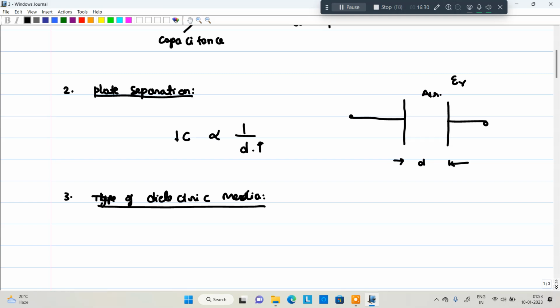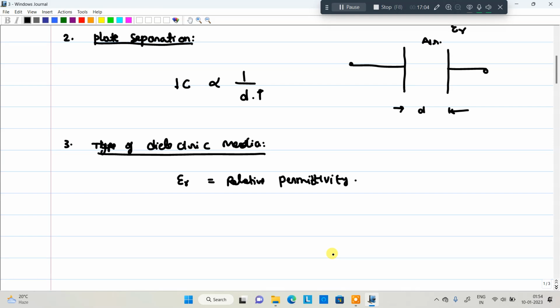Coming to the type of dielectric media, it depends upon the relative permittivity, not permeability. In the case of an inductor, I discuss permeability. So everyone listen clearly: epsilon R is the relative permittivity. So capacitance also depends upon epsilon R of the dielectric media.